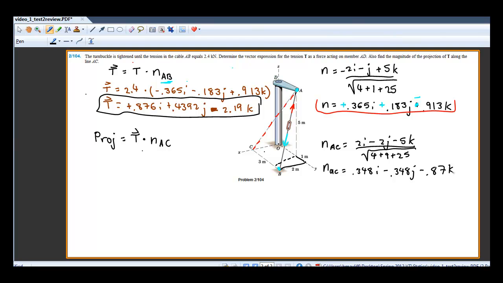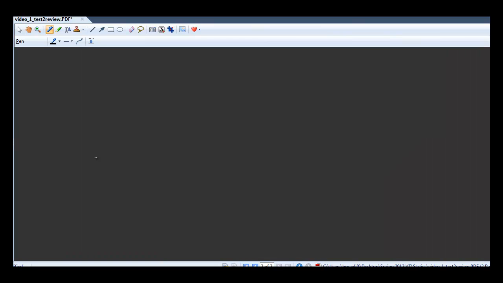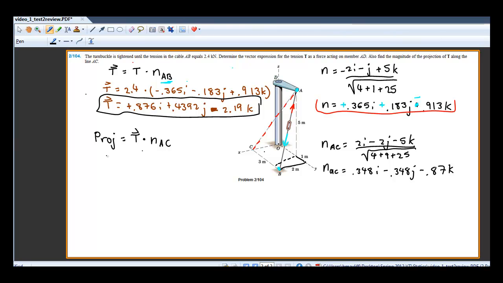Then we simply have to multiply it out. So the projection equals 0.876i plus 0.4392j minus 2.19k, dot 0.348i minus 0.348j minus 0.87k.